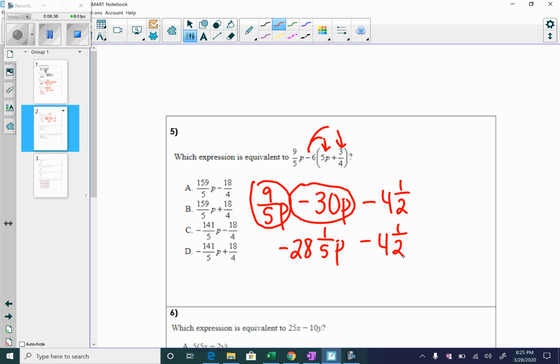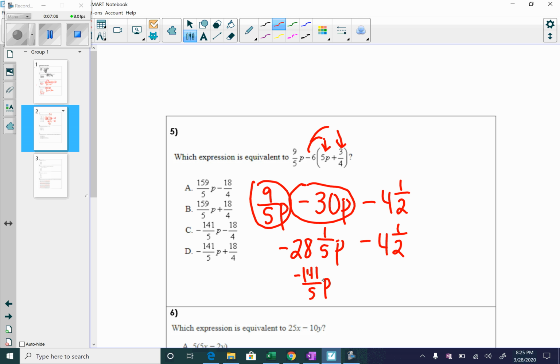So if you remember in your calculator, if you have this -28 and 1/5, and you want to change it into an improper fraction, you press second and the ABC button, and that'll change a mixed number to an improper fraction or vice versa. And you'll see that you get -141/5, and then bring down the p.